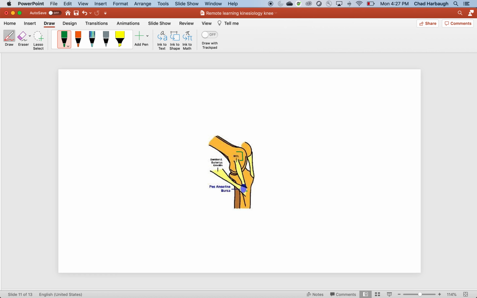Usually this is associated with three things. We see over here the gracilis tendon, the sartorius, and the semitendinosus all come down distally and attach. Then we see the MCL ligament attaching, and right underneath we have a bursae.